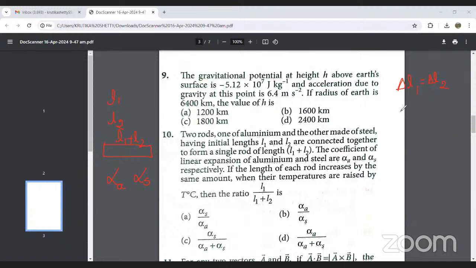According to the equation, if you remember, delta L is alpha L into delta T. For the aluminium it is alpha A L1 T, which is equal to alpha S L2 T. Now if I take the ratio, the T value will get cancelled and we get L1 by L2 as alpha S divided by alpha A, or taking L2 by L1, alpha A divided by alpha S.